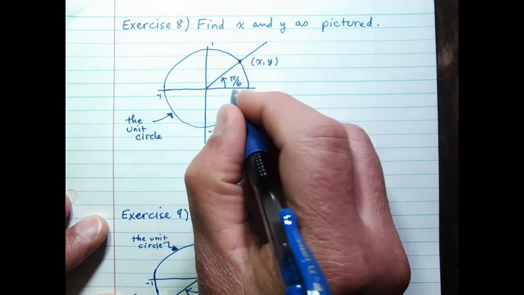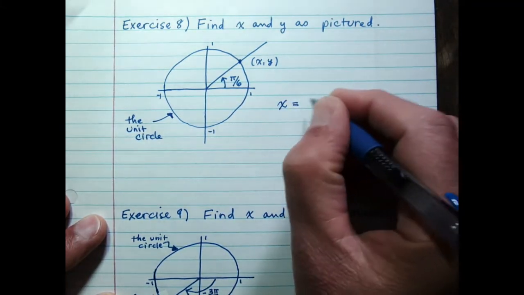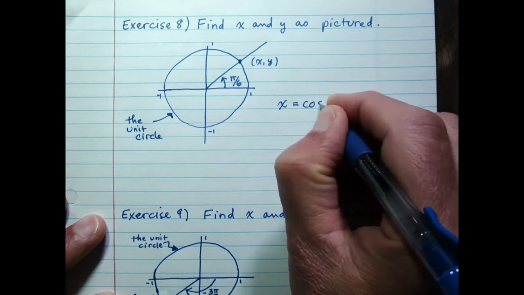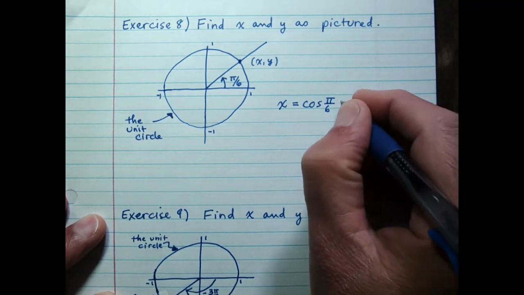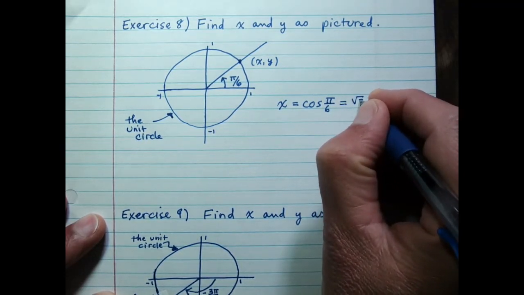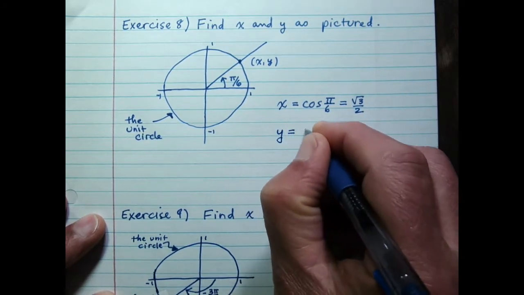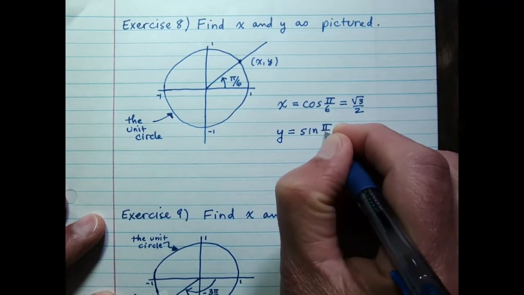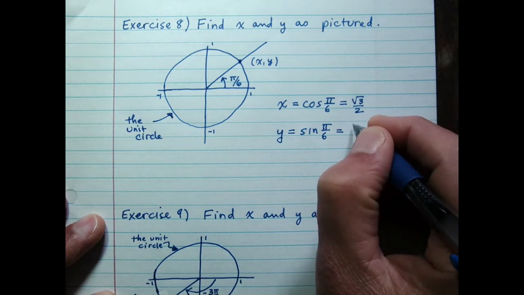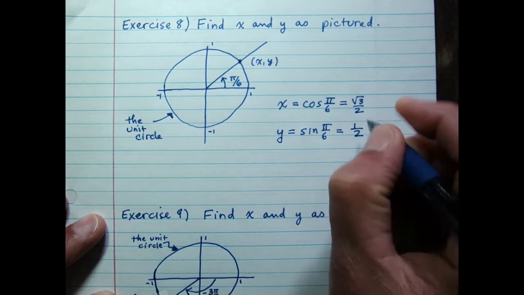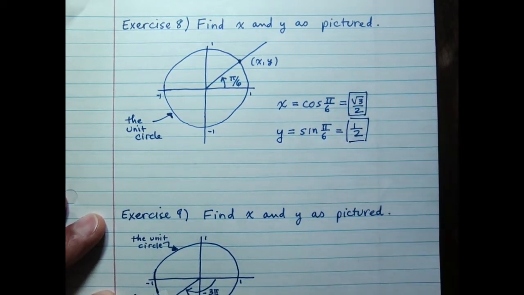If that angle theta is pi over 6, then that x coordinate is going to be the cosine of pi over 6. And the cosine of pi over 6 is square root of 3 over 2, which we have memorized. Y is the sine of pi over 6, and the sine of pi over 6 is 1/2. So x is square root of 3 over 2. Y is 1/2.